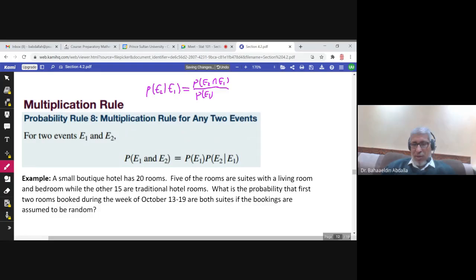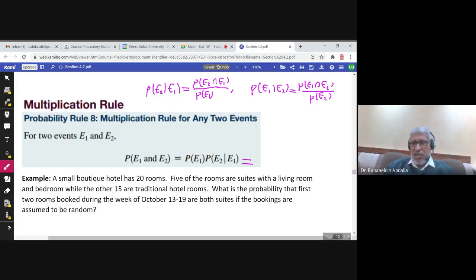If you cross multiply, you will get that probability of E2 and E1, or E1 and E2, of course, E1 and E2 equals E2 and E1, is equal to probability of E1 multiplied by probability of E2 given E1.